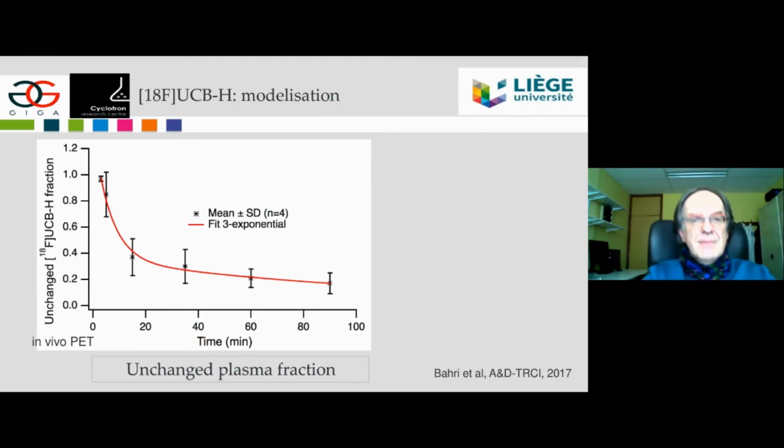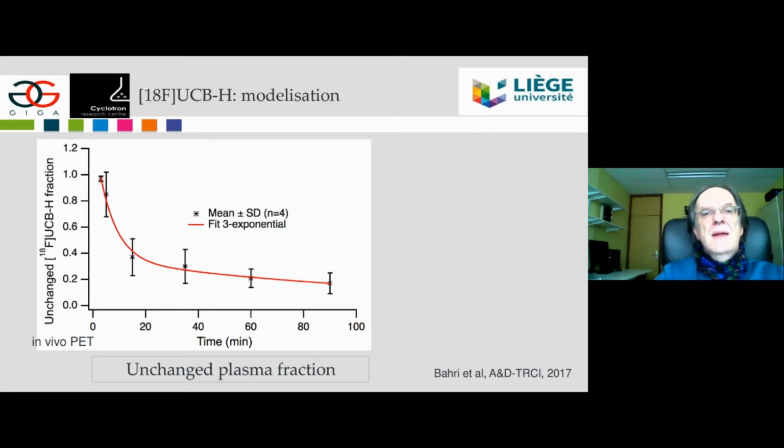With that, it's possible to demonstrate in the blood, in the plasma, the evolution of your free, unchanged plasma fraction. You see that first you've got 100% of your radio tracer, but over time, because of the metabolites, your unchanged fraction is decreasing.